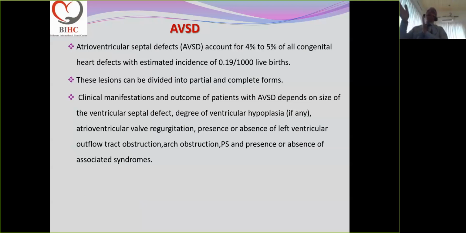Also, are the two ventricles of the same size, or is one ventricle terribly small? Is there any obstruction either to the right ventricular outflow or to the left ventricular outflow? And is it associated with syndromes like Down syndrome or heterotaxy? These would decide the management strategy that you are likely to adopt. We'll come to that later.